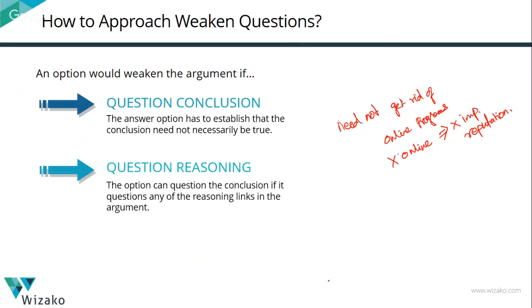So if I establish that the job offers are coming down, not because of the online program or the offline program's quality, not because of the proficiency, but because of some other factor, maybe the market itself is doing bad, and throughout the world, for all universities, art program recruitment has come down, then I would be weakening the argument. So I'm questioning the conclusion that the university need not get rid of the online programs by questioning the cause-effect or the generalization or the comparison assumptions in the argument.